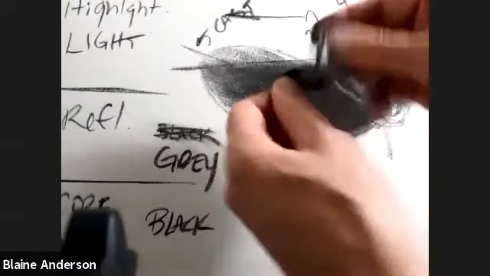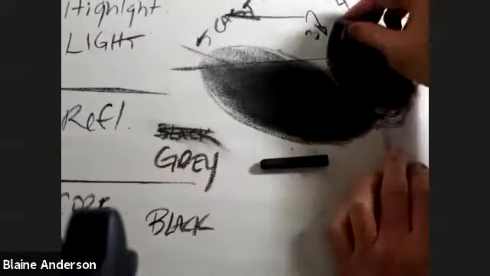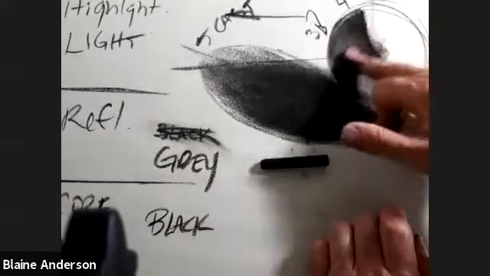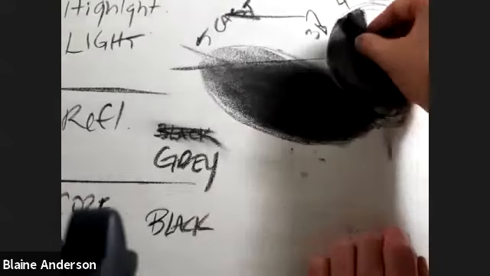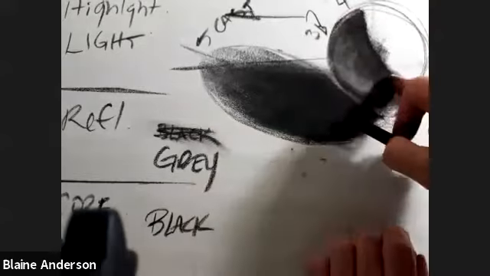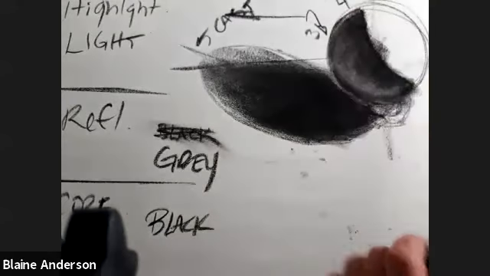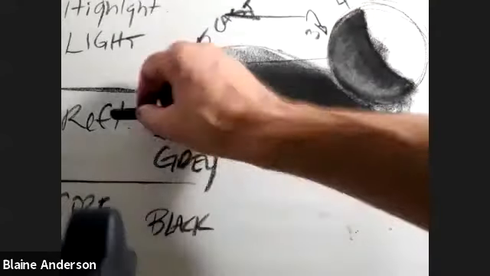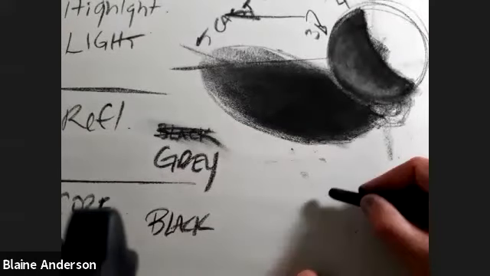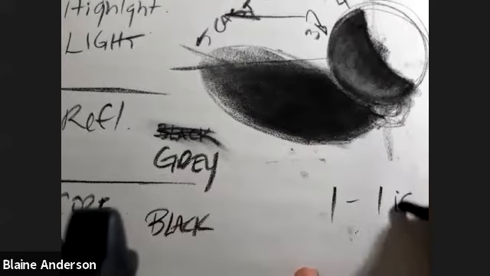I just pull it and pull it and pull it till I get some light there. And then I just go back and forth into this gradual blending so that I get a gradual contrast between my core and my reflected. Okay, so now I've divided my light into threes, right? So step one, light from dark.